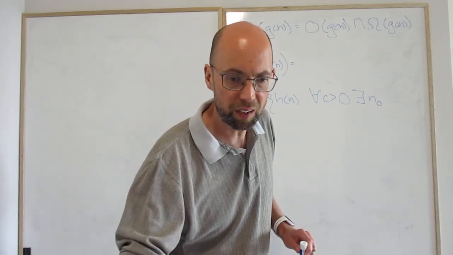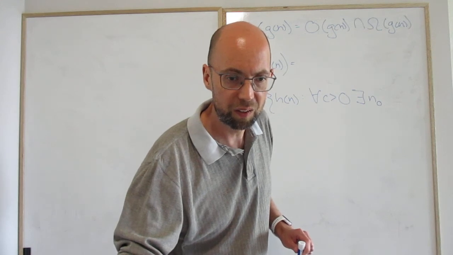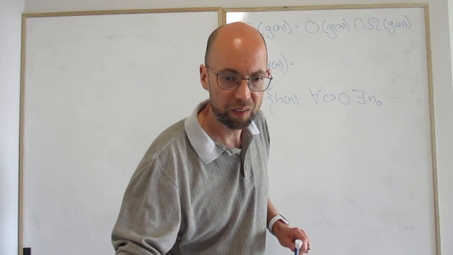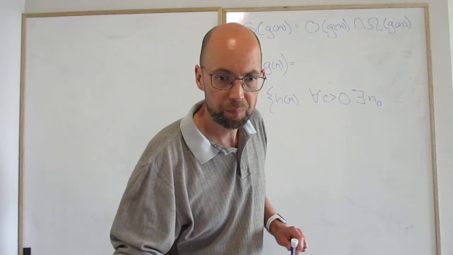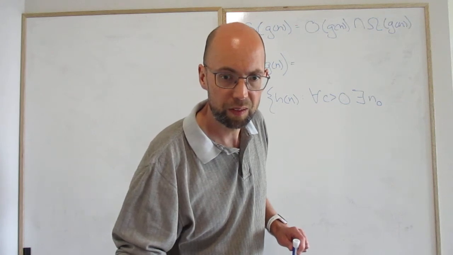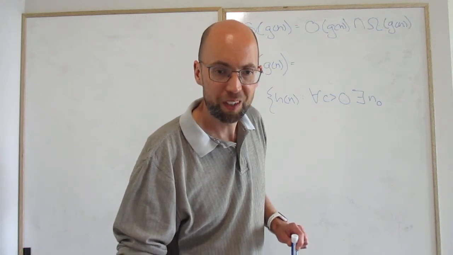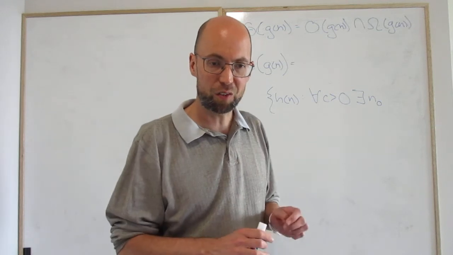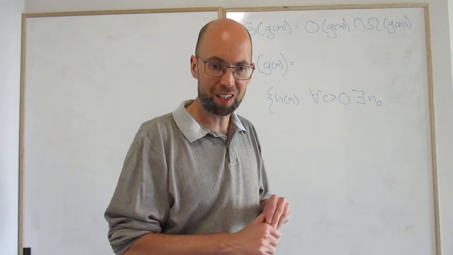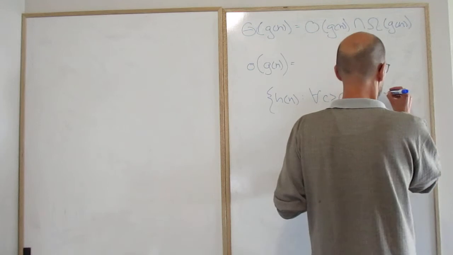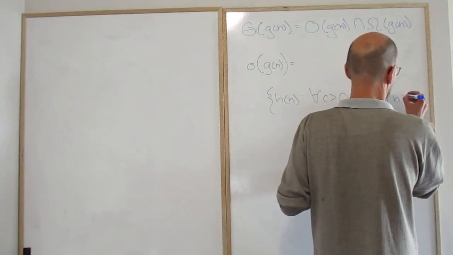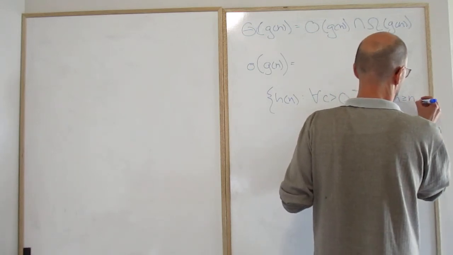Where did I write little o? Oops. Yeah, in the definition of little o in the course notes, it needs a for all n greater than or equal to n0.